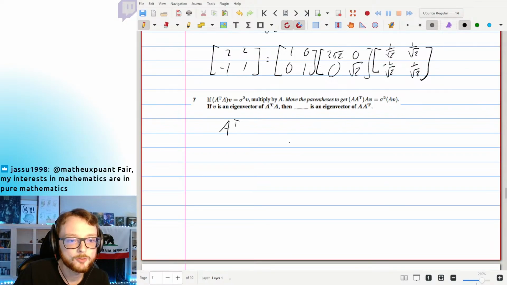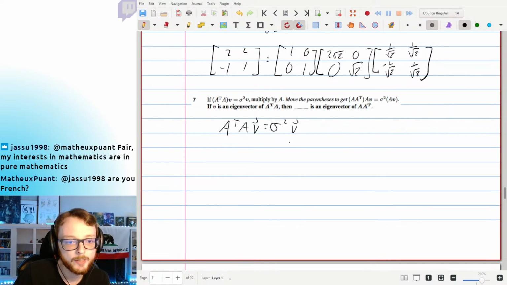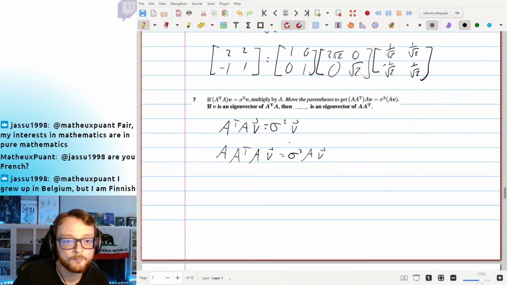So we're starting with A transpose A V equals sigma squared V. Looks like they left multiply each side by A. Oh, okay.